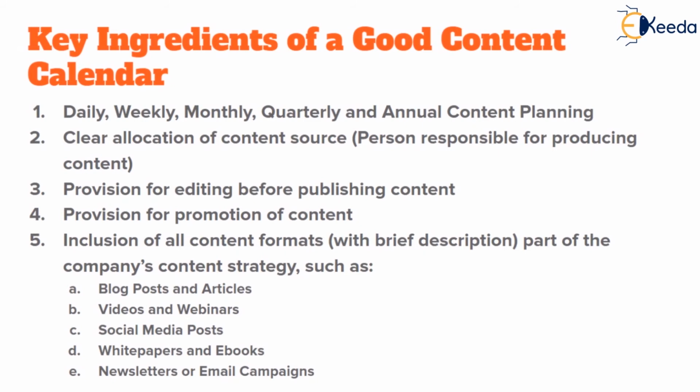Then, clear allocation of content source must be captured in the content calendar. A lot of templates you will find online do not really give much weightage to this. But I believe that by identifying the person or the source responsible for producing or publishing content, you can actually create a lot of accountability in the document itself.